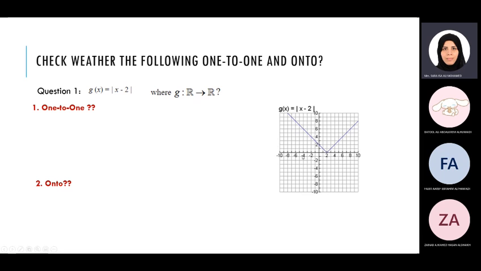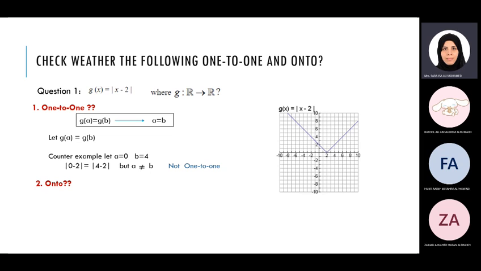So 8 and -4, both of them are mapped to the same image 6. So it is not one-to-one. Since there is symmetry in the drawing, it is not one-to-one. And you can give any two as a counterexample. I gave you -4 and 8, but I could also give you 0 and 4. Again, they will give you the same image.